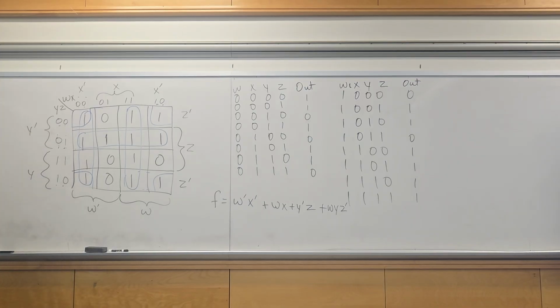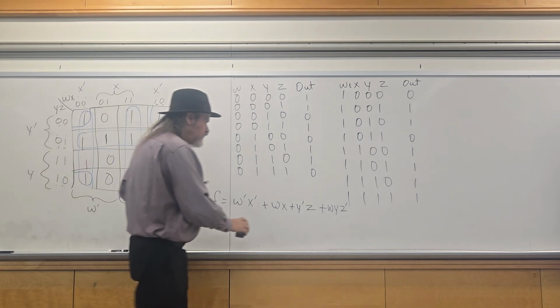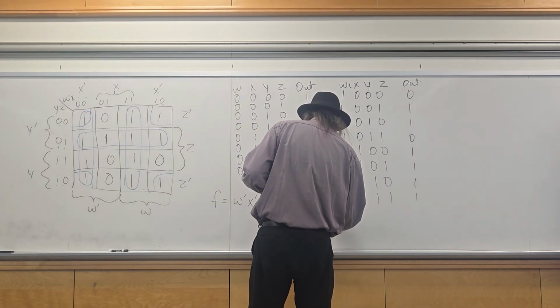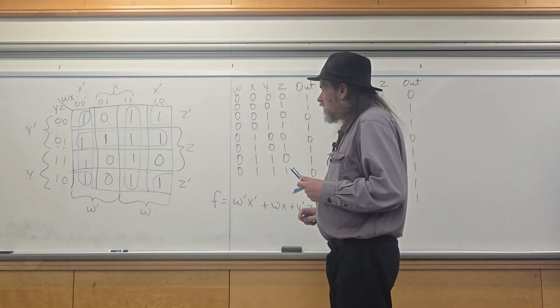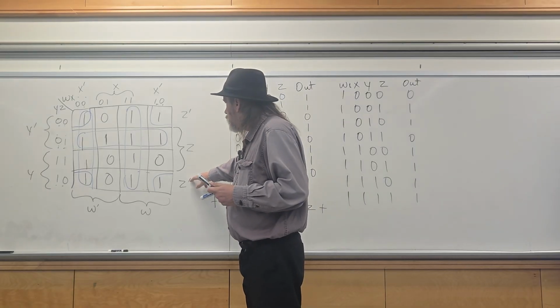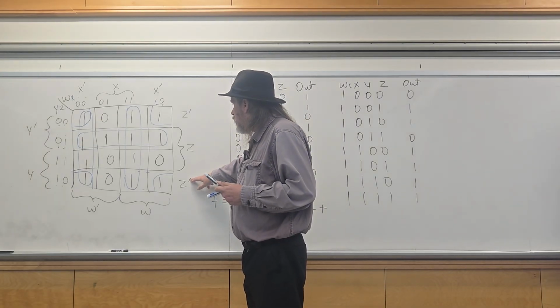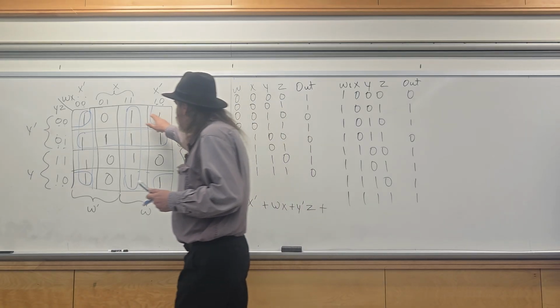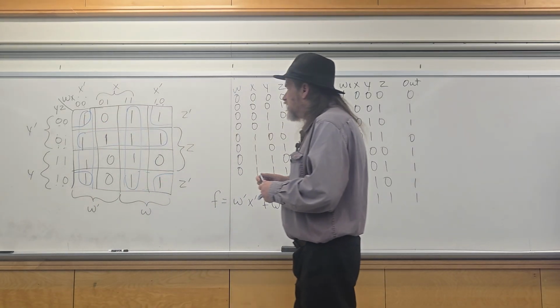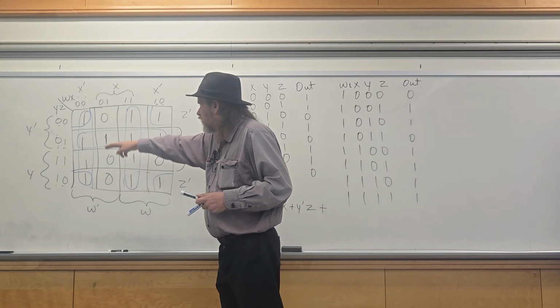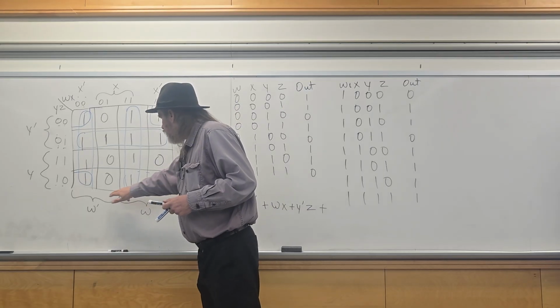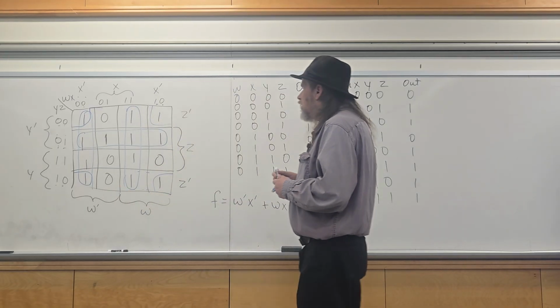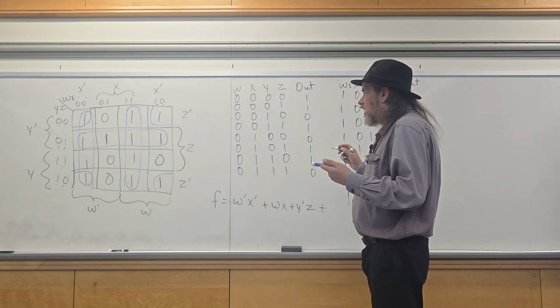What would the term be for that one? They're all in Z prime. And they're all in X prime. Y doesn't matter because it's got some in Y and some in Y prime. W doesn't matter because you have some in both. So it would be X prime, Z prime.